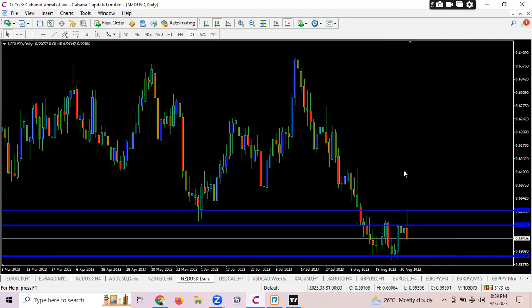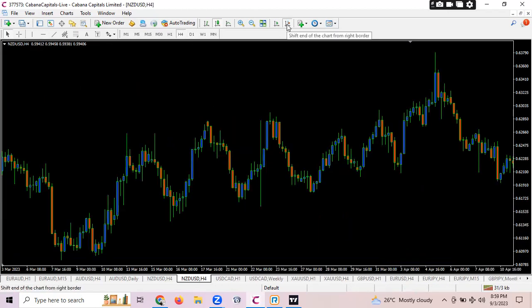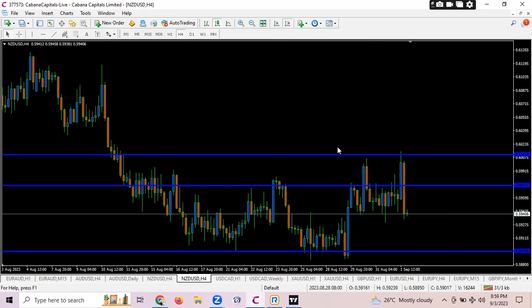You could also go down to 4-hour. This was the monthly support turned resistance. You could also go down to 4-hour to identify resistance. Okay, you can see on 4-hour, this was the resistance on 4-hour.